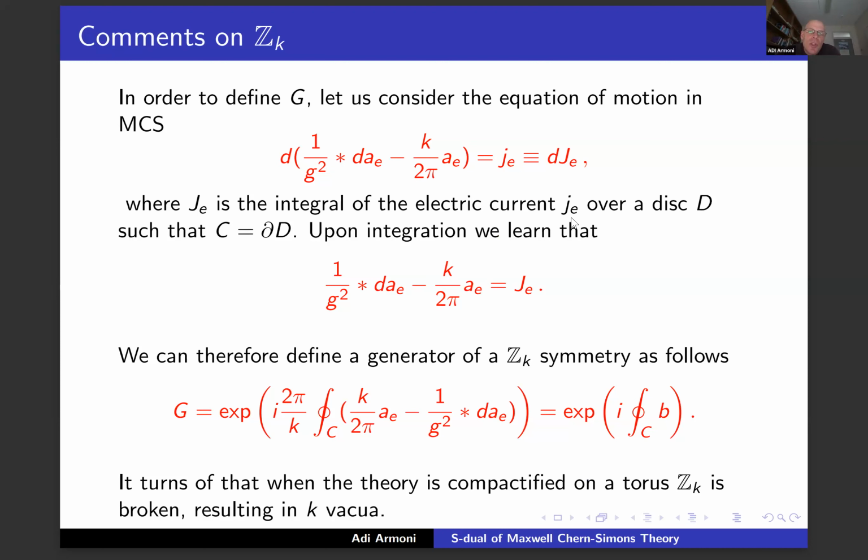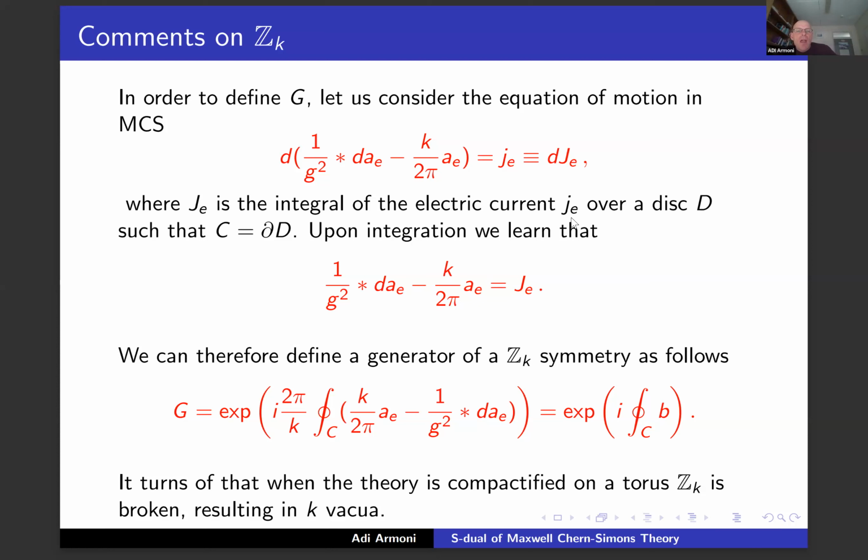D of this object is small j, a current, and I'm writing small j as d of capital J. Capital J is the integral of this electric current, small j, over the disk D. Now I can integrate both sides. I have a derivative on both sides, so I get the equation in the middle of the page.